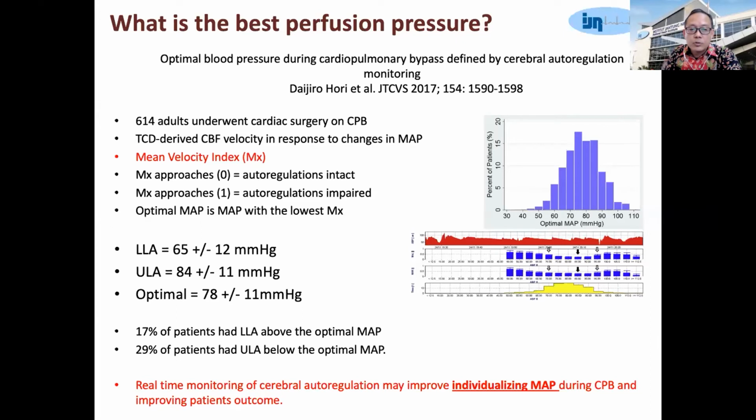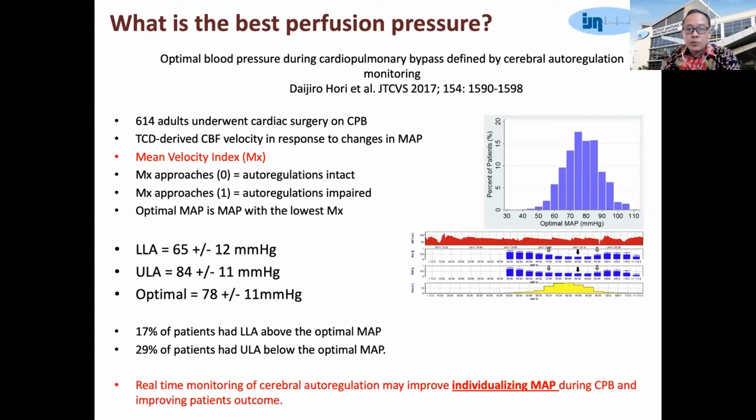However, he also found that 17% of his patients had the lower limit of autoregulation above the optimal mean arterial pressure, and 29% of his patients had the upper limit of autoregulation below the optimal mean arterial pressure.